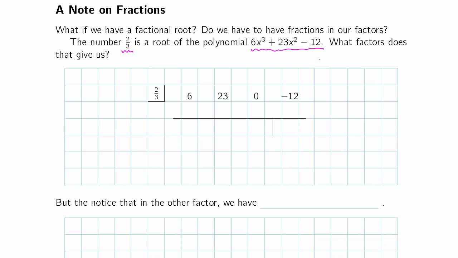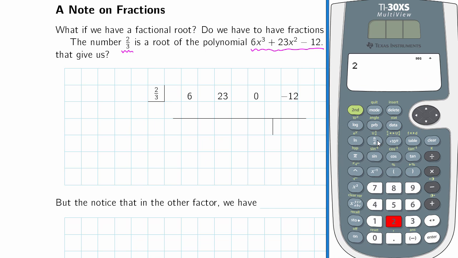We can check that by plugging 2/3 in to that polynomial on our calculator. I'll take 2/3 and just store that in my variable, and then I'll punch in my polynomial, 6x to the third plus 23x squared minus 12.